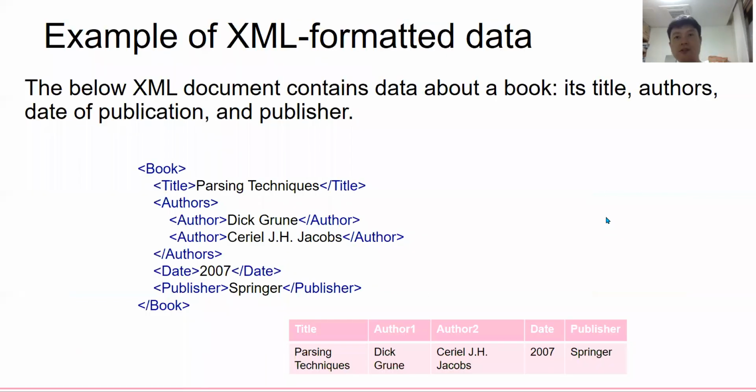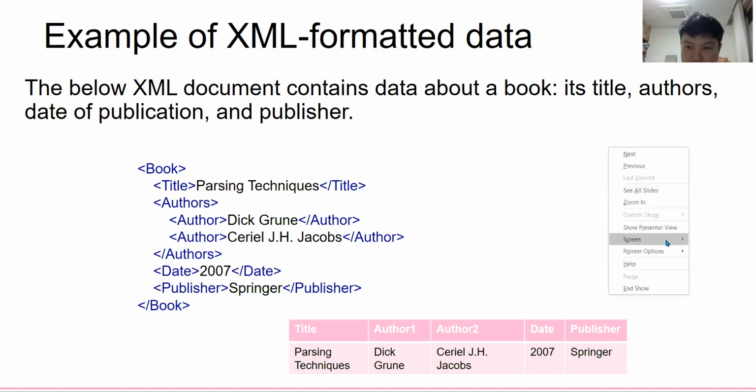So what is XML and what is JSON, in particular for the example? Let's see, this is one example that you can figure out using the database. If you are using a database like a table, you can see from this example. We have the title, for example, parsing techniques, and then you have author one, author two, and then date and publisher.